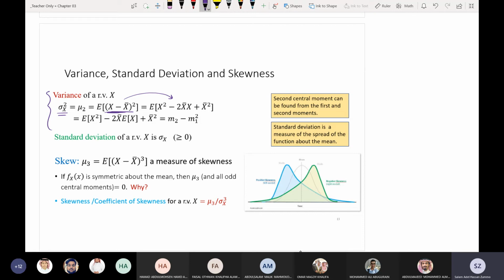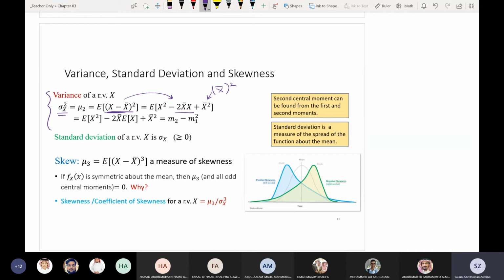This is equal to x squared minus 2 x bar x plus x bar squared, which is the average squared. So what we did is we just opened up the square inside the expectation.